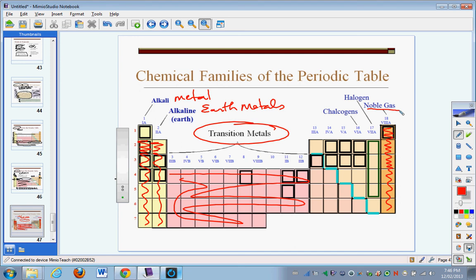They used to be referred to as inert gases, but we now know they're not inert, they're not completely unreactive, although they're almost completely unreactive. Beside them in group 17, starting with fluorine and going down to chlorine and bromine and iodine all the way to the bottom, those are your halogens.